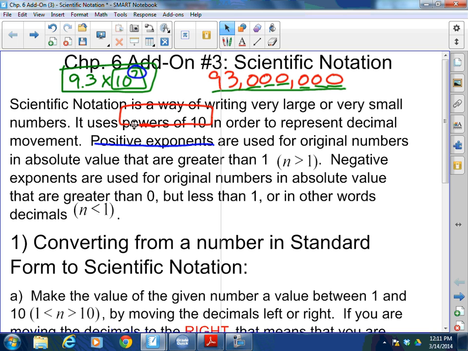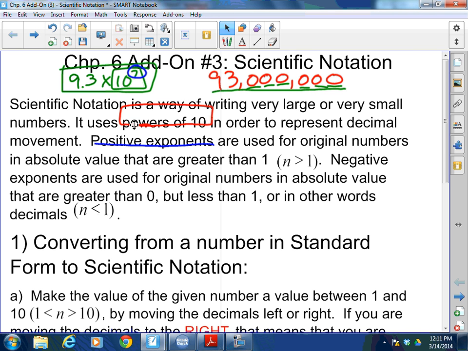Most teachers like to teach it that when you're going to the left with the decimal, you have a positive exponent. When you're going to the right with the decimal, you have a negative exponent. But then, when we're going from scientific notation to standard form, it reverses. If you have a positive exponent, you go to the right. If you have a negative exponent, you go to the left.